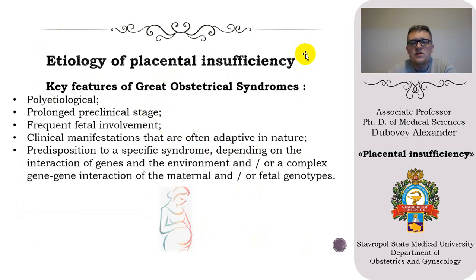Etiology of placental insufficiency. Key features of great obstetrical syndromes: polyetiological, prolonged clinical stage, frequent fetal involvement, clinical manifestations that are often adaptive in nature, and predisposition to a specific syndrome dependent on the interaction of genes and complex gene-gene interaction of the maternal and fetal genotypes.